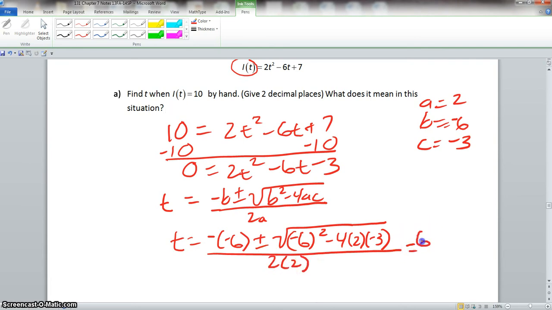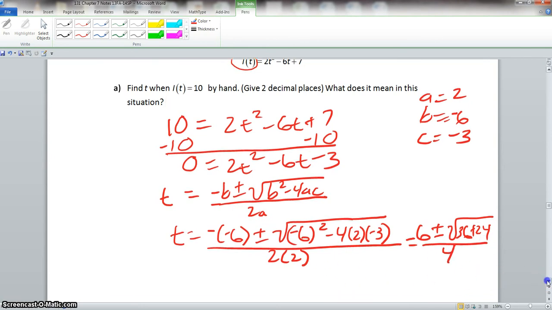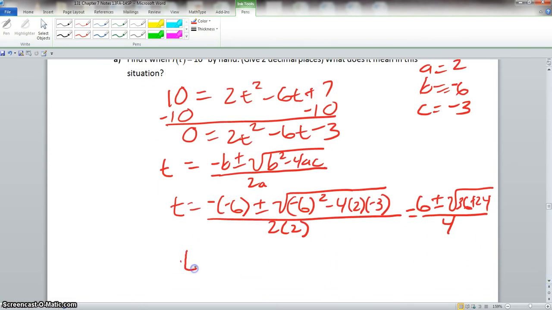So the opposite of -6 is 6 plus or minus the square root of 36. -4 times 2 is -8 times -3 is a positive 24 all over 4. So now we will have t is equal to 6 plus or minus the square root of 60 all over 4. Now we're going to put this in our calculator so you can solve this.